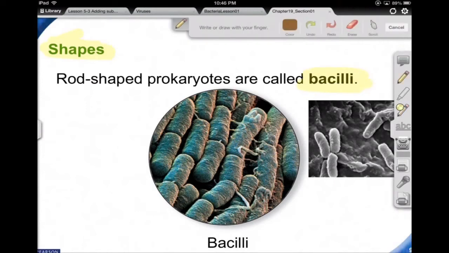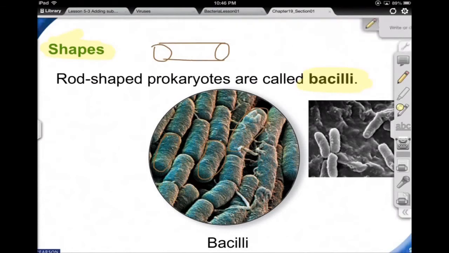Now, rod-shaped, here we go, is just a loose term. Slightly rectangular with rounded corners. You get the idea, like a rod. Okay? Or cylindrical if you want to think of it that way.